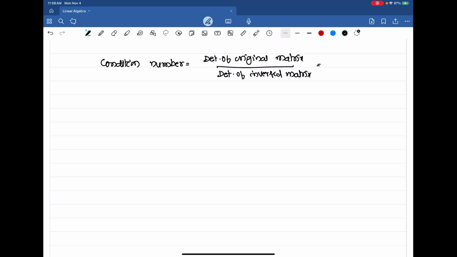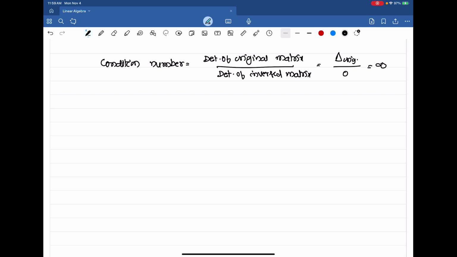Determinant of the original matrix, let us say something. And the determinant of the inversed matrix in this case is 0 because the inverse does not exist. Then the condition number in this case is infinite.